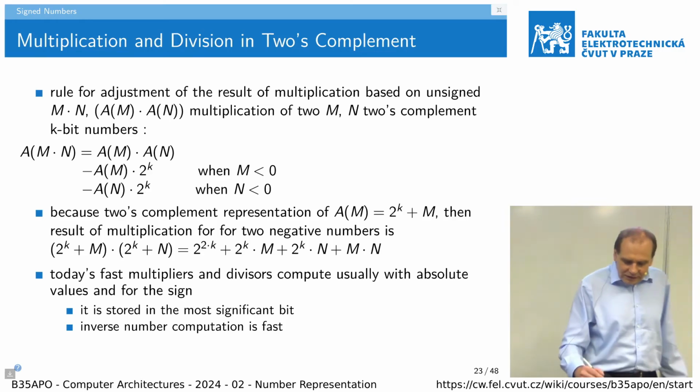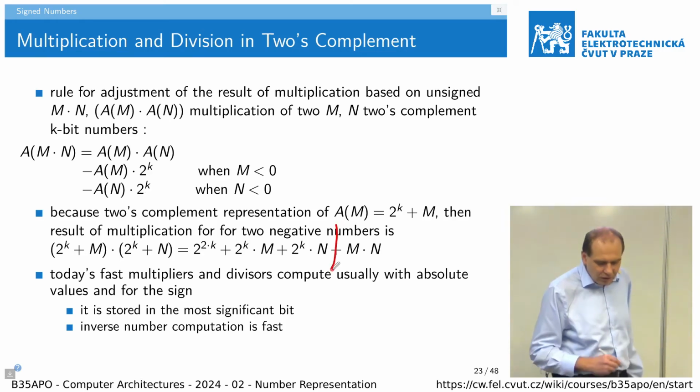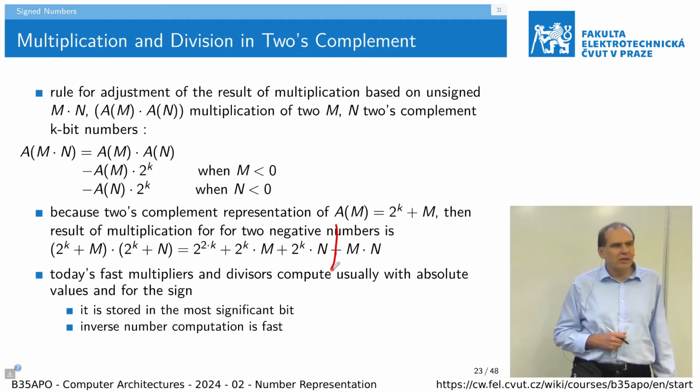Another interesting thing is from this: if we need only 32 bits from the result of multiplication of a 32-bit number by a 32-bit number, then do we need to take care about whether it is signed or unsigned?